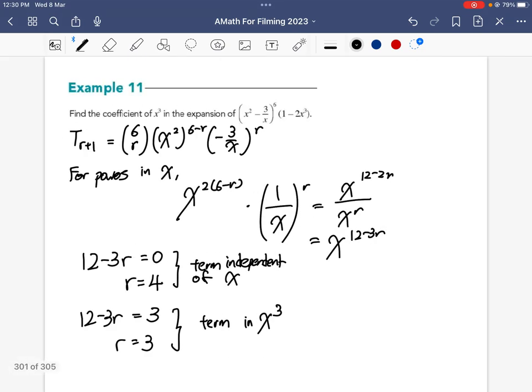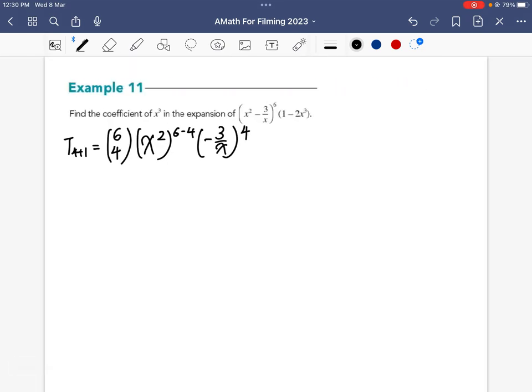This term, r equals to 4, will give me the term that is independent of x. By solving all of this, for r equals to 4, this term is 1215 x to the power of 0. Or if you want to omit x to the power of 0, it's just 1215.